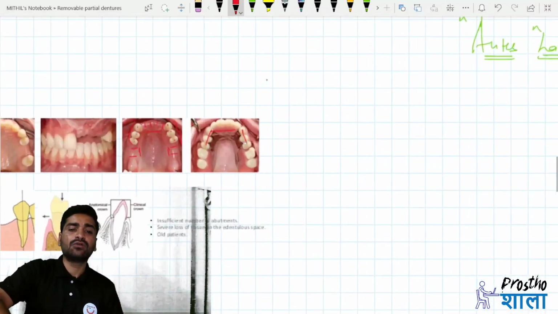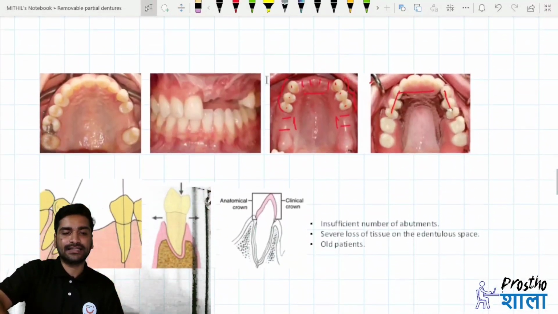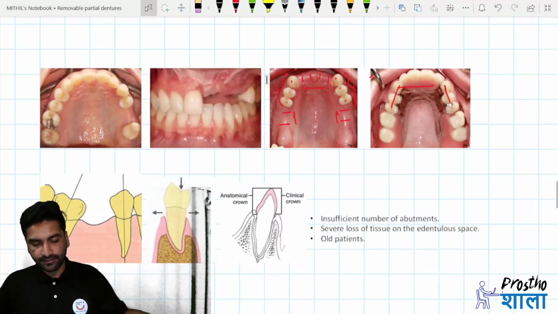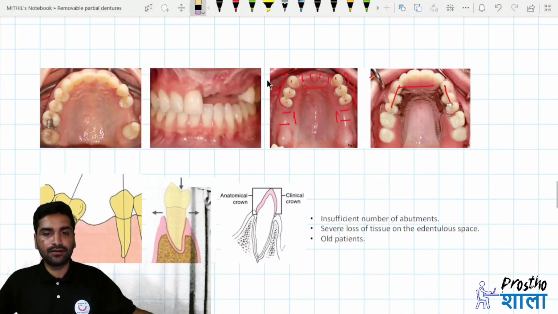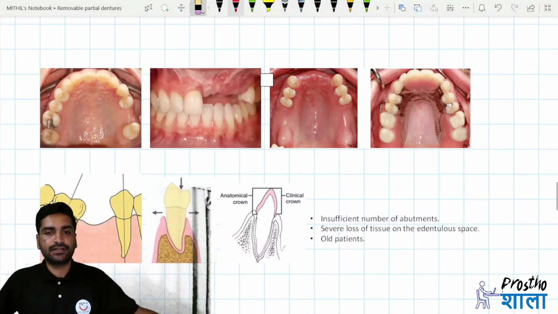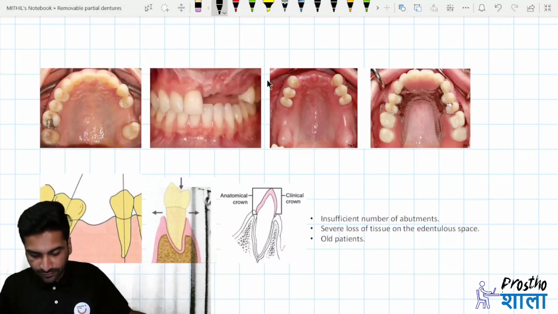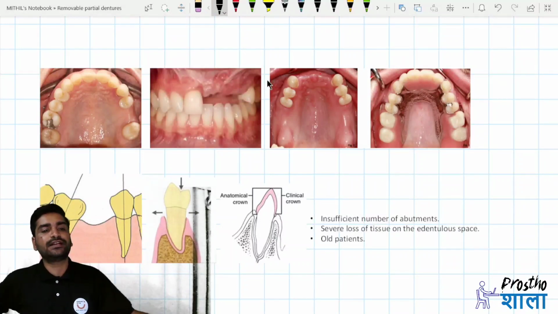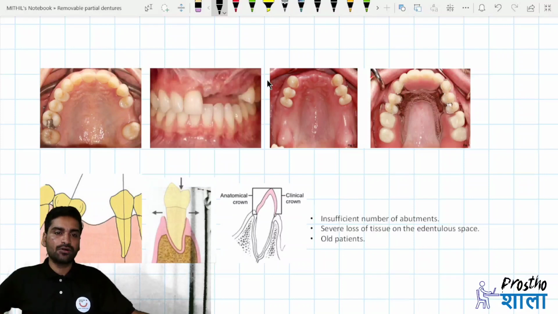Now, what are the clinical scenarios where we can prefer giving a removable partial denture? The first scenario is where there are more than two posterior teeth present, on one side or on both sides, right?